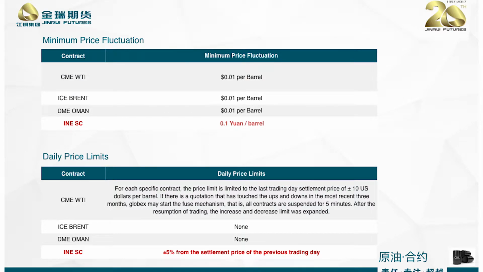Since the INE contract is settled in yuan, the minimum price fluctuation is 0.1 yuan per barrel, which is different from $0.01 per barrel for foreign crude oil futures. Judging from the daily price limit system, WTI adopts a circuit breaker of $10 per barrel.